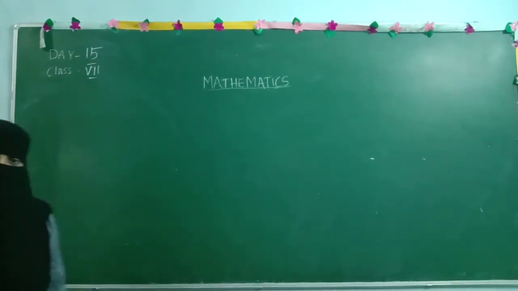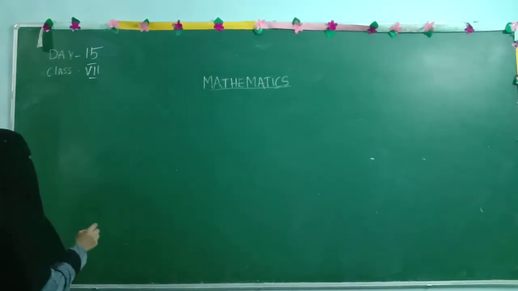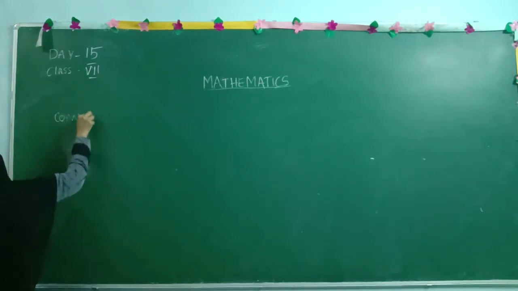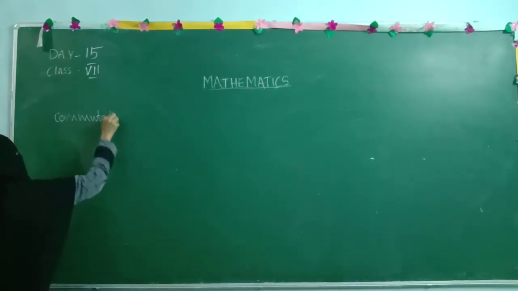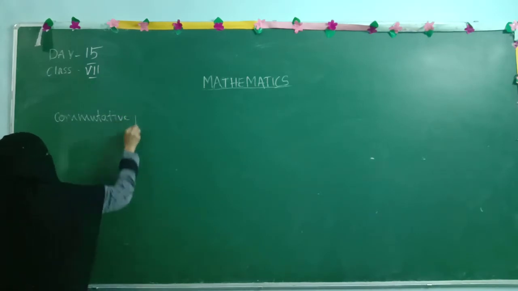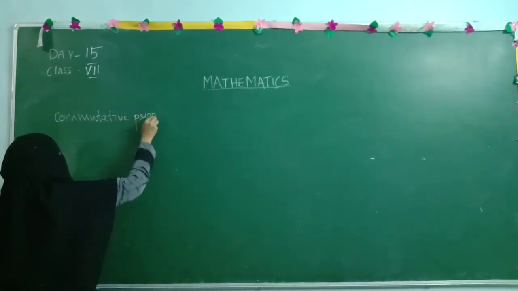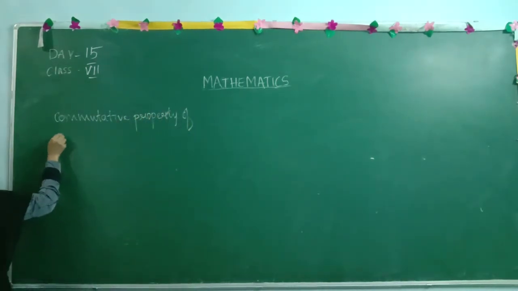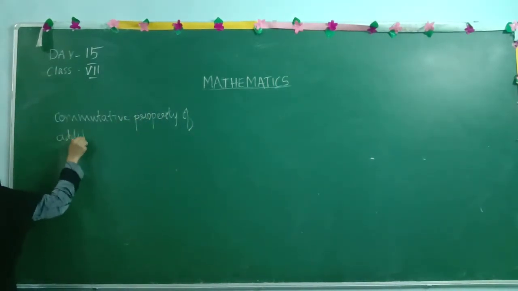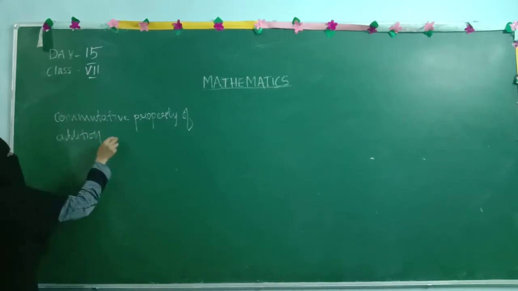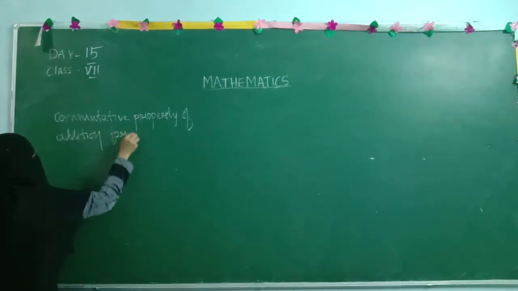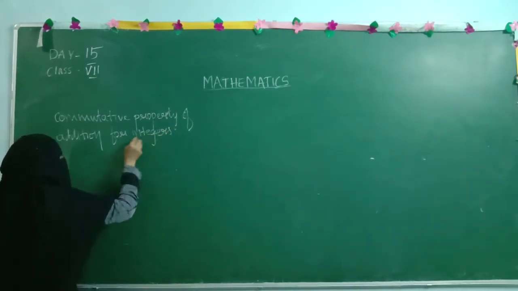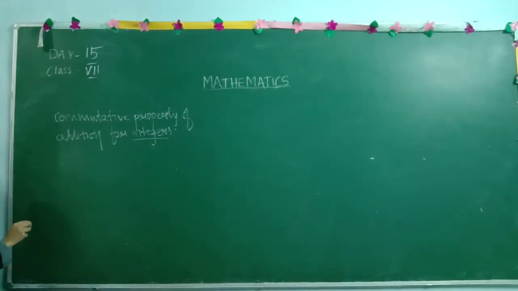First, integers. Everybody knows what integers are. Okay, I will write the first property: commutative property of addition for integers.